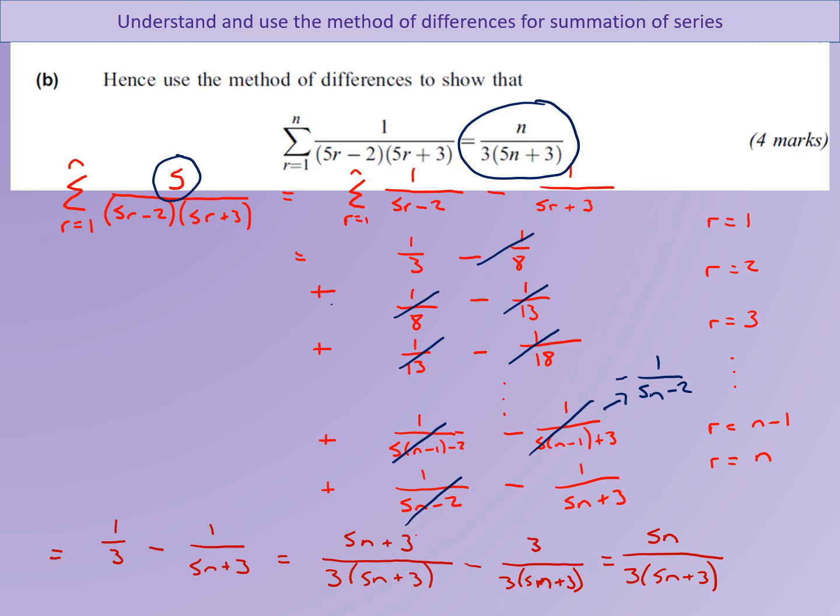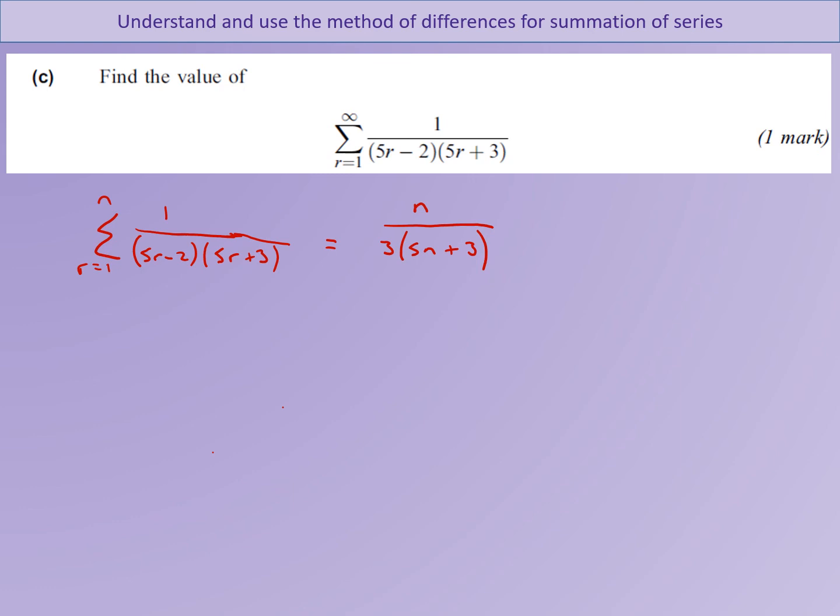So you'd put a sentence saying, because the sum that we have found was 5 times larger than the required sum, we need to divide this answer by 5, which would then give us the answer I've circled at the top, n over 5 bracket 5n plus 3. So that statement explaining why you were dividing by 5 is important, and that would usually get you the last reasoning mark on the question.